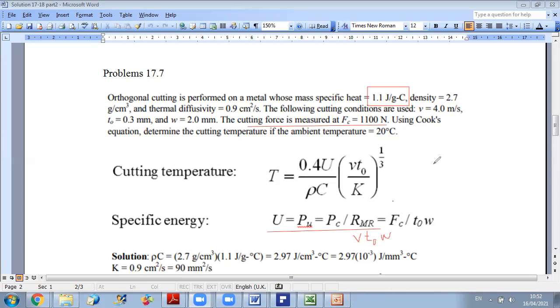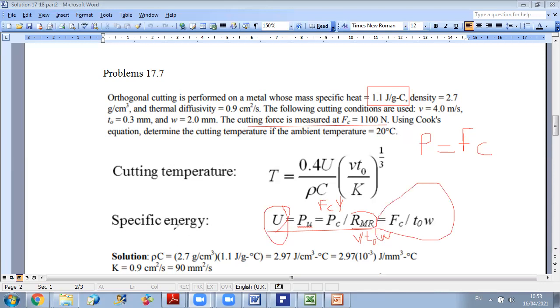Okay, so in this case I can replace. In order to calculate the power, I can replace it by the cutting force times V. So if I replace the cutting power by F cutting times V, and I replace the removal rate by its expression V T0 omega, I can simplify V and say that the specific energy can be calculated by Fc over T0 omega.